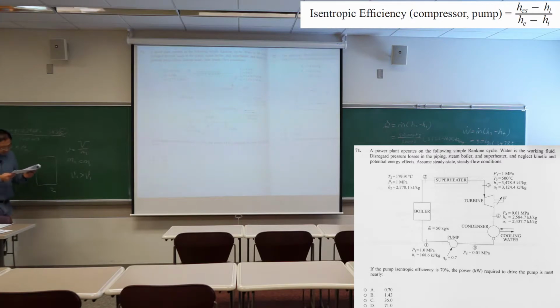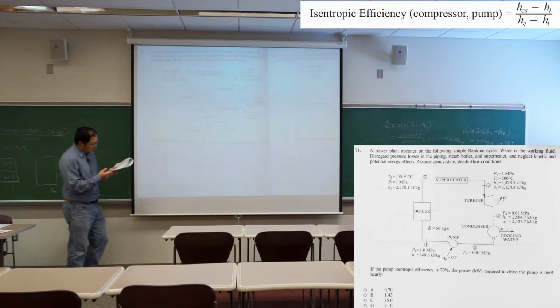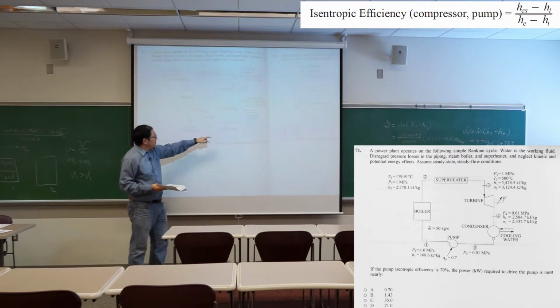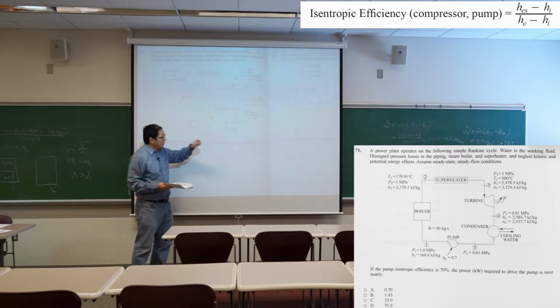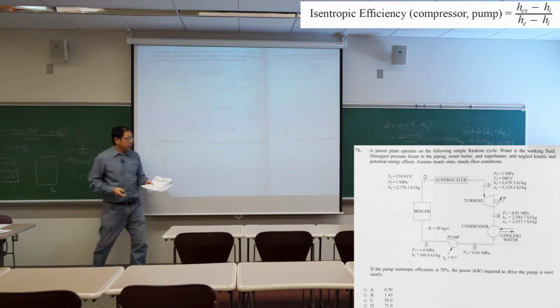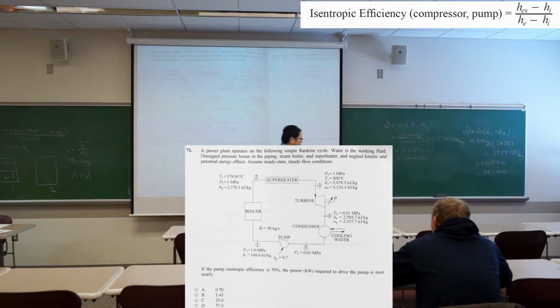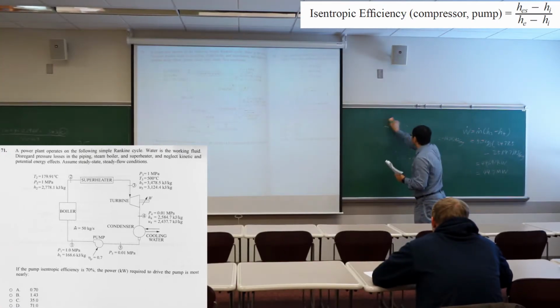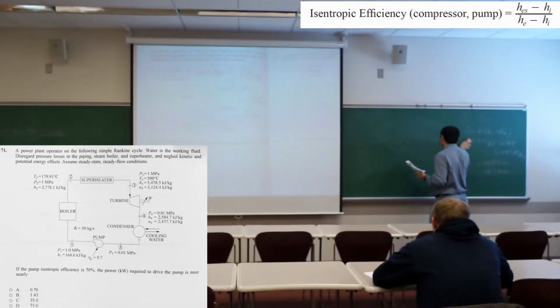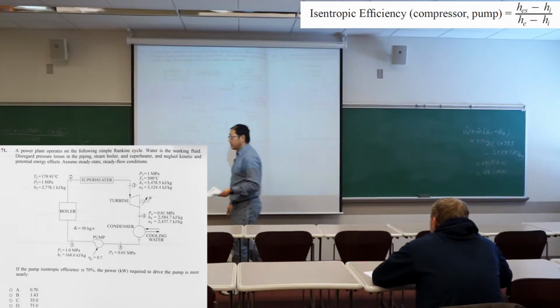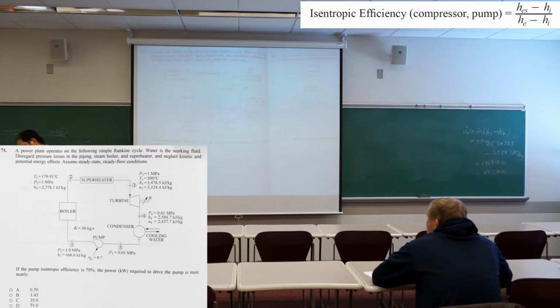And then you need to realize here the inlet of the pump is 10 kilopascal, and the equation you can use for an isentropic pump is also in the handbook.